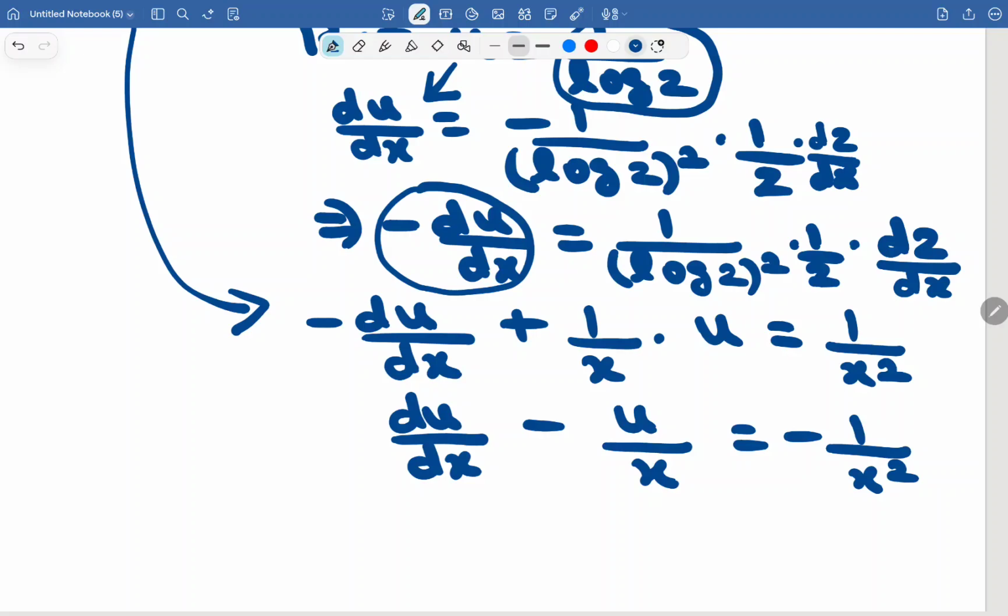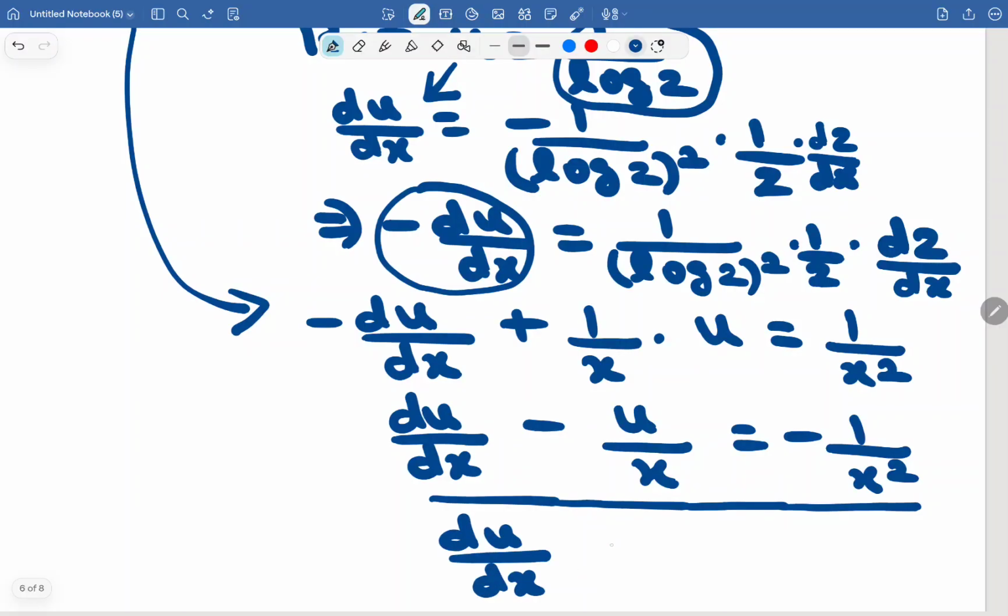Therefore, we have converted dz by dx plus z by x log z, which is equivalent to z by x square log z whole square, into the form du by dx minus u by x, which is equivalent to minus 1 by x square, which is nothing but du by dx plus p of x into u, which is equivalent to some q of x.